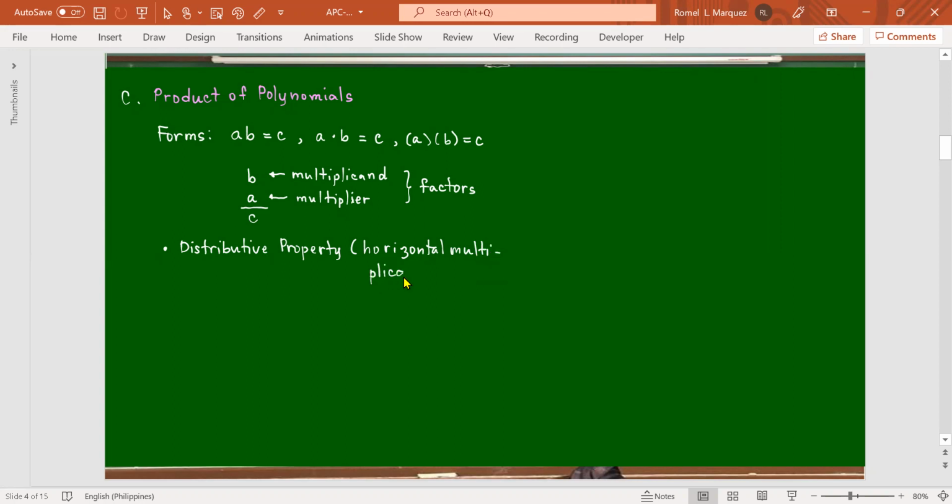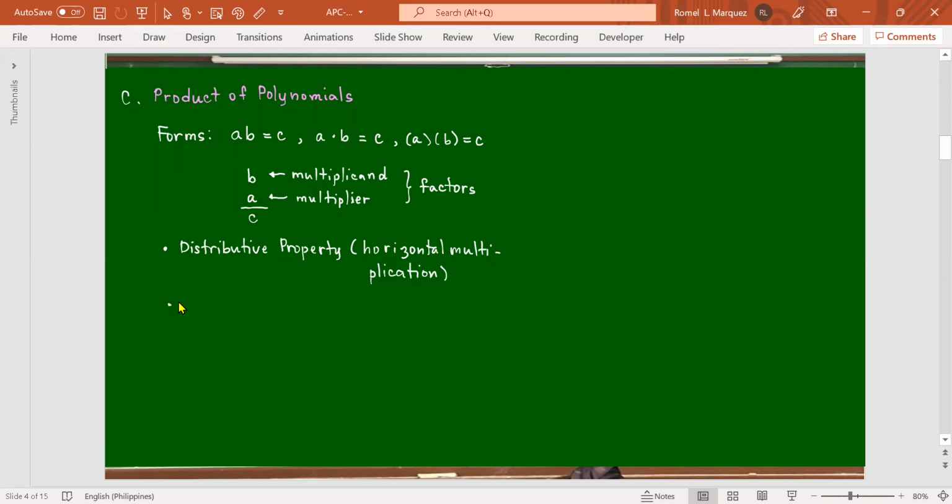If you're multiplying vertically, as an option, no? You can multiply vertically. Okay? So let's have number 1.